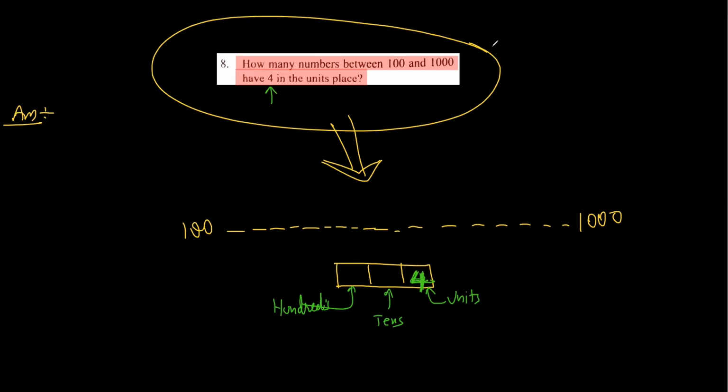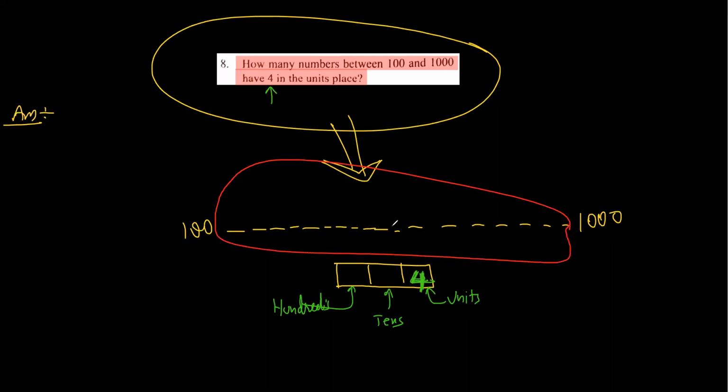Now tell me students, for all these numbers between 100 and 1000, what are the digits that we are going to see? We are going to see 3-digit numbers using all different digits, involving 0, 1, 2, 3, 4, 5, 6, 7, 8, 9. So suppose I have a number here which is 374.